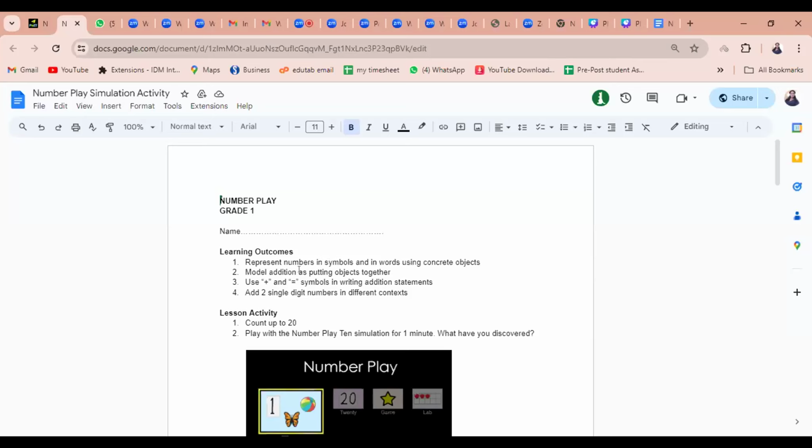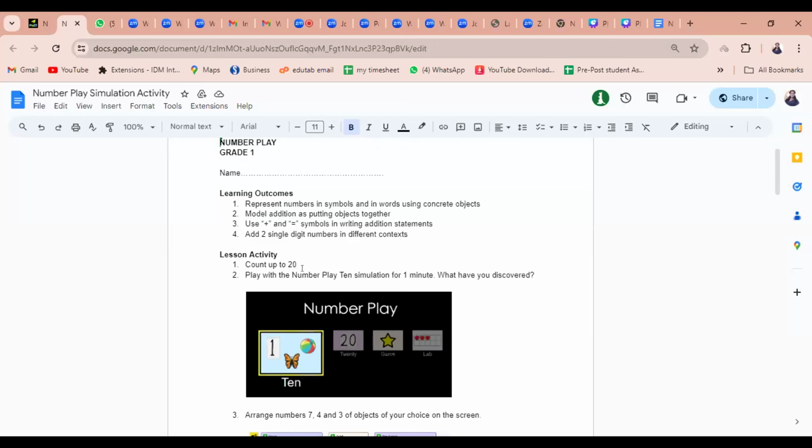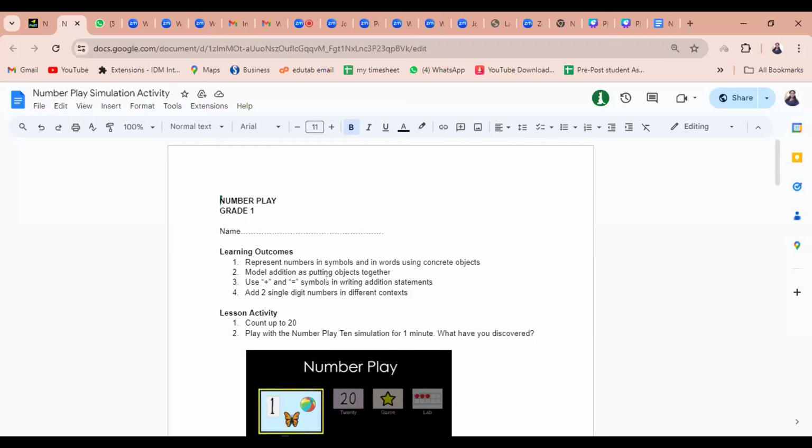So what I did with these learners, they had tablets provided by the government of Kenya, and I grouped them into groups of 6 or 4, depending on the number of tablets. So if I had 20 tablets, I grouped them in groups of 4.